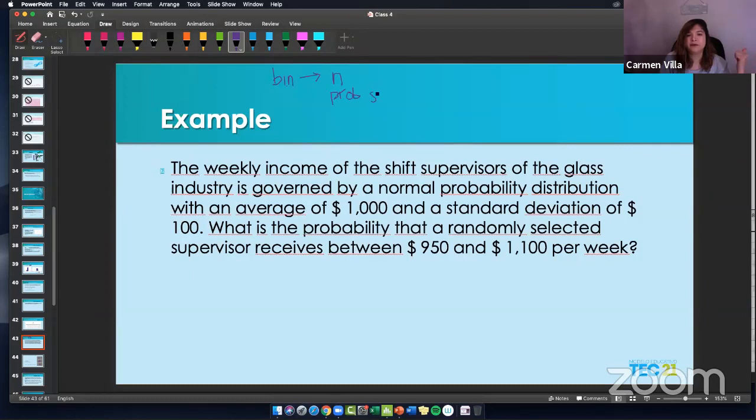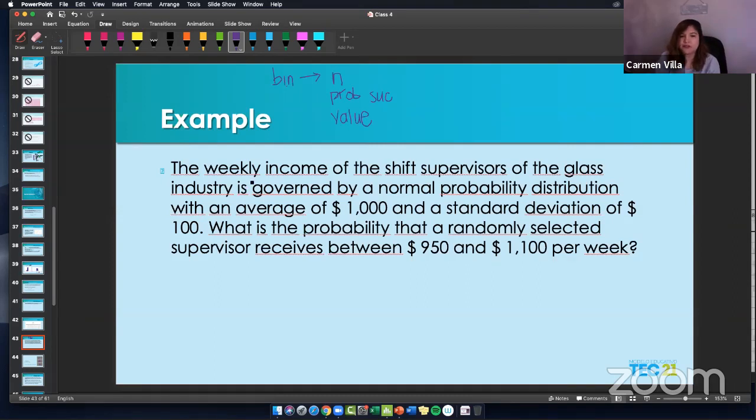And what other element we had? The value that we were working with, right? The input value. Yes, the value. So those were the only 3 elements that we needed to work with. And then we analyzed if that value would be cumulative or exact.